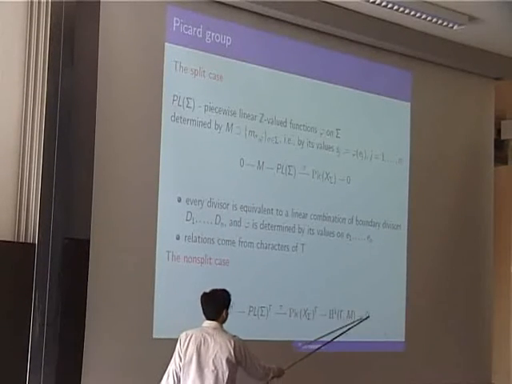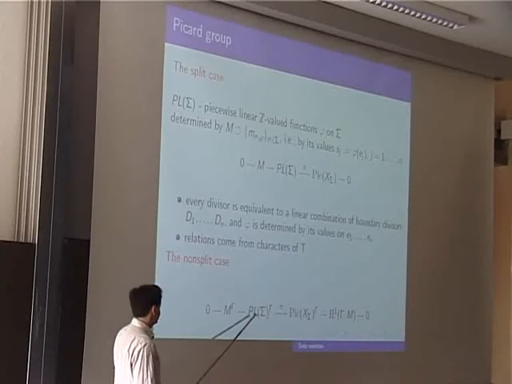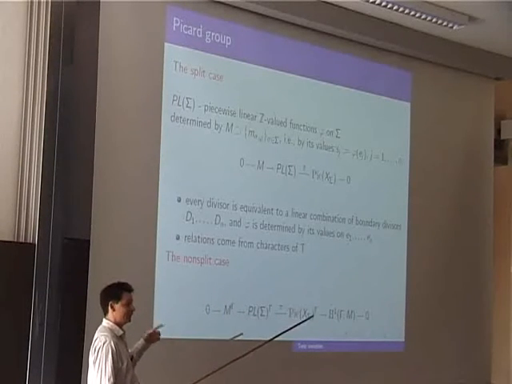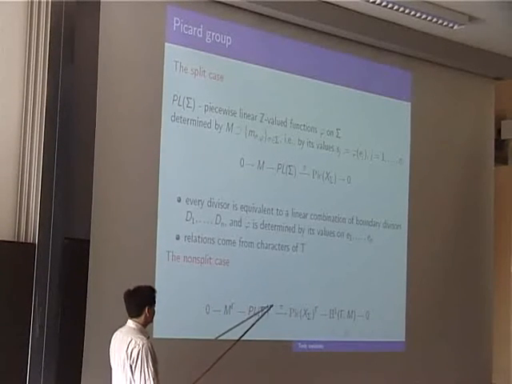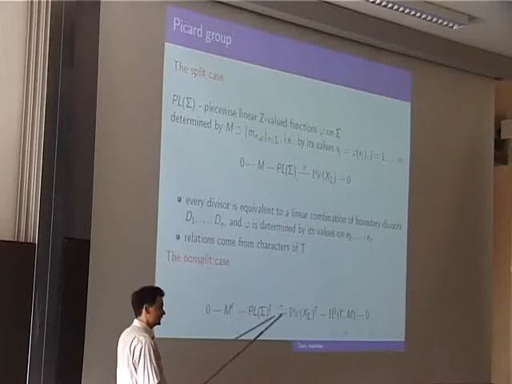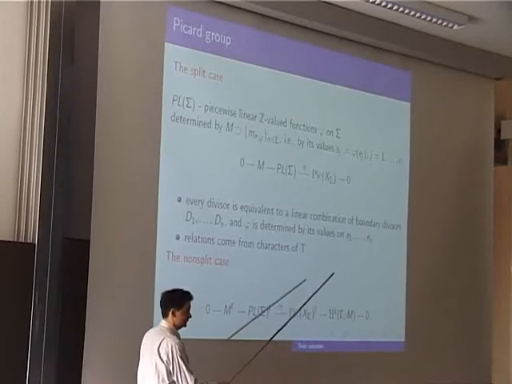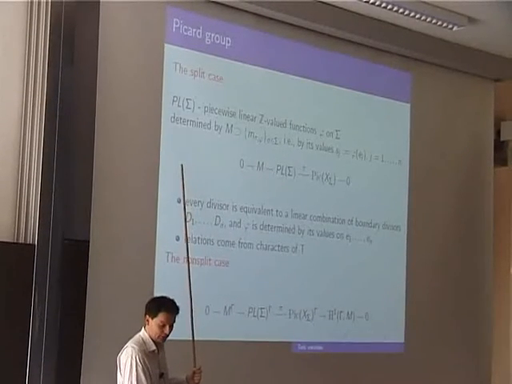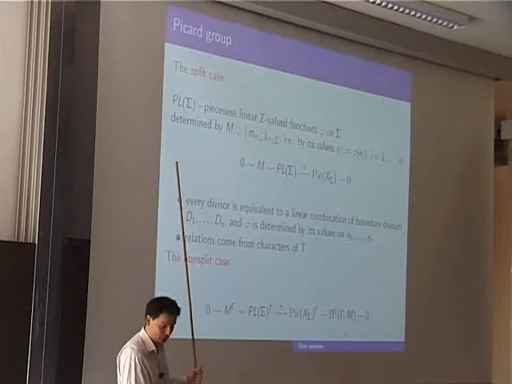And the zero comes from the fact that the boundary components are permuted by the Galois action. In other words, this is a permutation module for Galois, and H1 of the permutation module is 0. And H1 of gamma m is the finite.